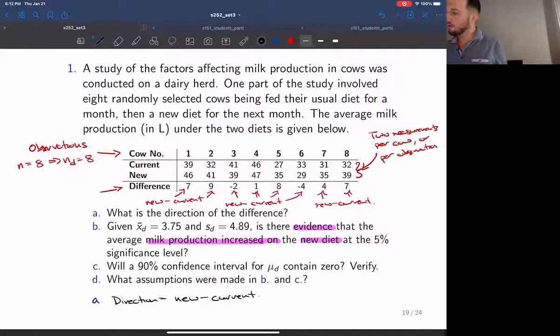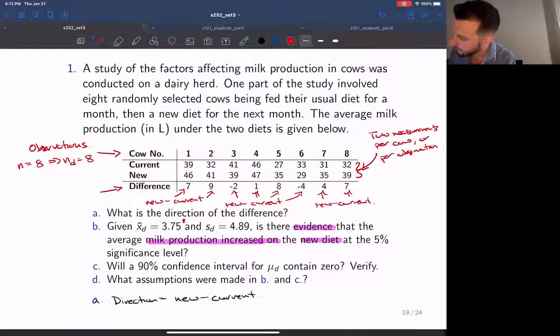Now, we are also given 2 summary statistics. X bar d is equal to 3.75 and little s_d is equal to 4.89. These are respectively the sample mean of the differences and the standard deviation of the differences.